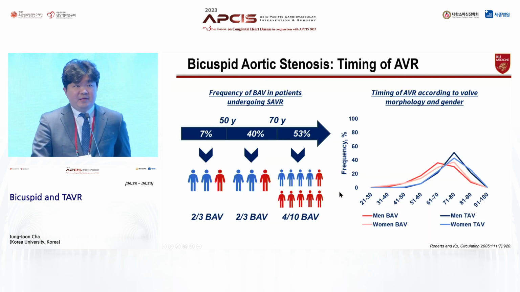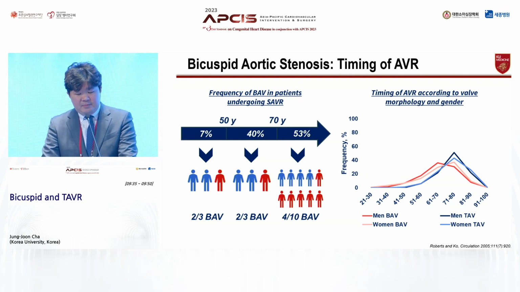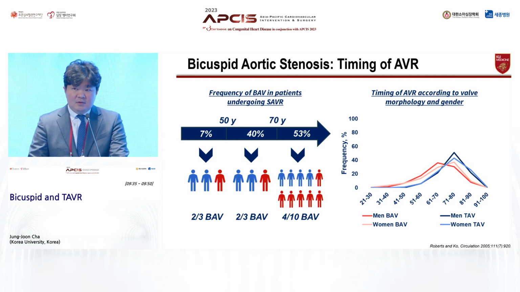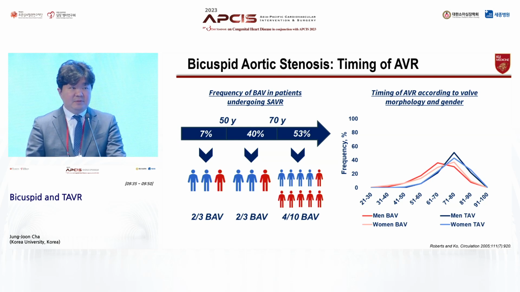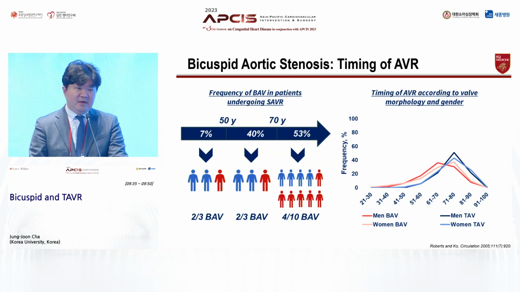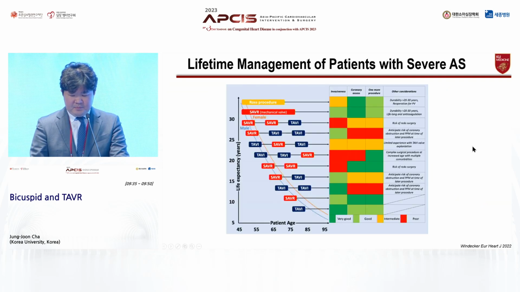The main issue for the bicuspid aortic valve is the timing of aortic valve replacement. There's a difference between tricuspid and bicuspid valve. Bicuspid valve patients underwent surgery 2 years earlier compared to tricuspid valve patients.